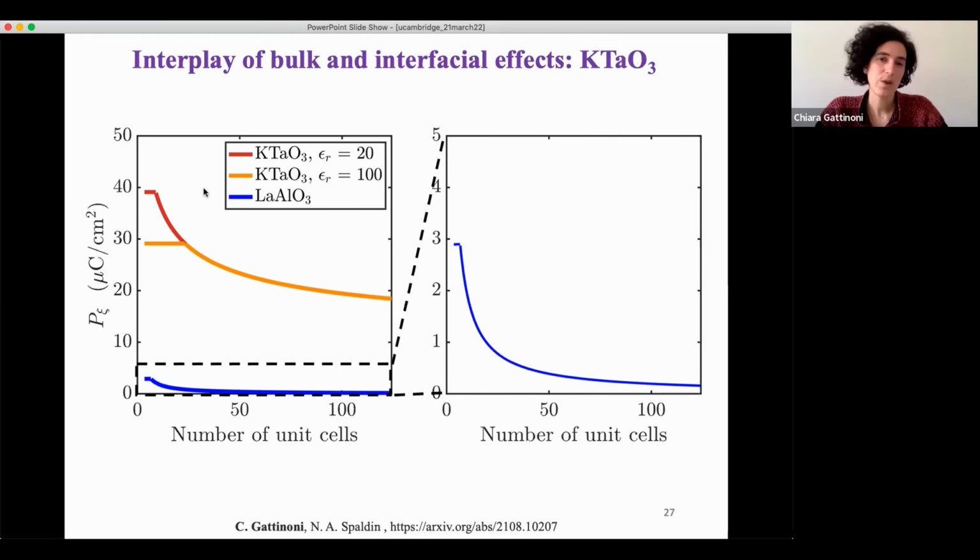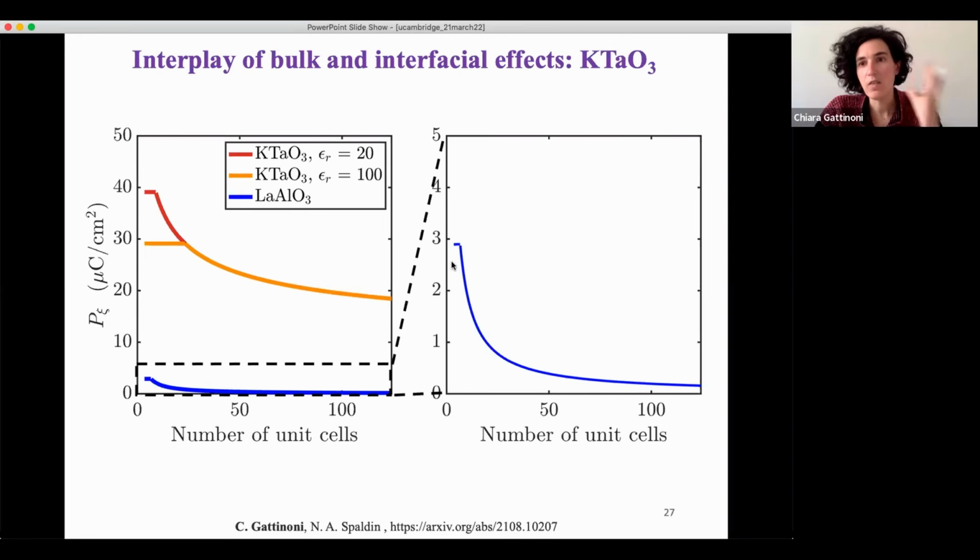We also tried to have a look at the very opposite side of the spectrum, which is lanthanum aluminate, which is another perovskite, which absolutely doesn't want to polarize. It's got a very, very stiff potential energy shape.